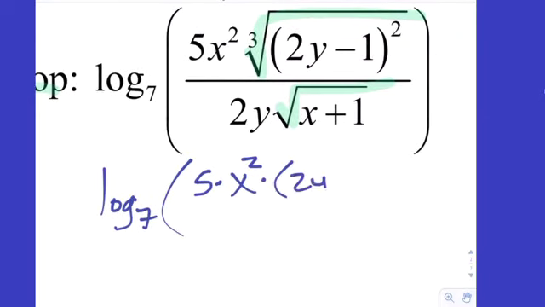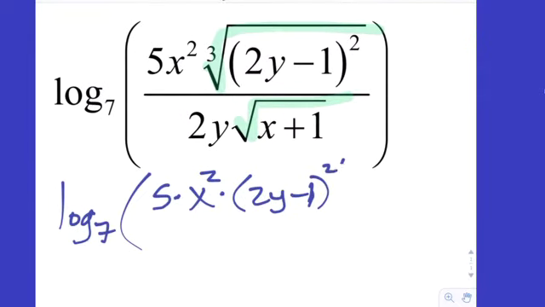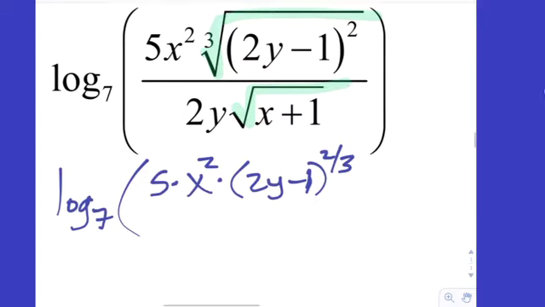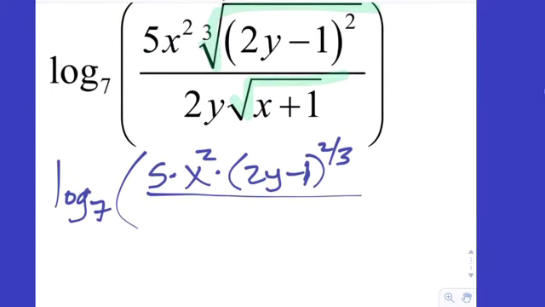And that's going to be 2y minus 1 to the what power? When you get rid of the cube root, it becomes 1/3 power, right? So if it's squared to the 1/3 power, that becomes to the 2/3 power. And again, that's stuff we did at the beginning of the year, so that shouldn't be new to you.